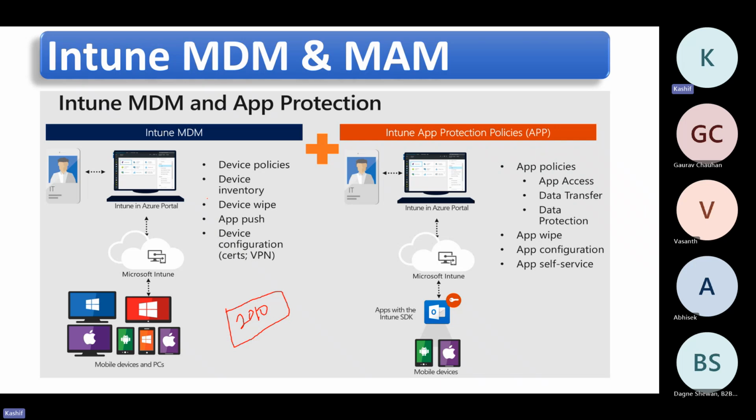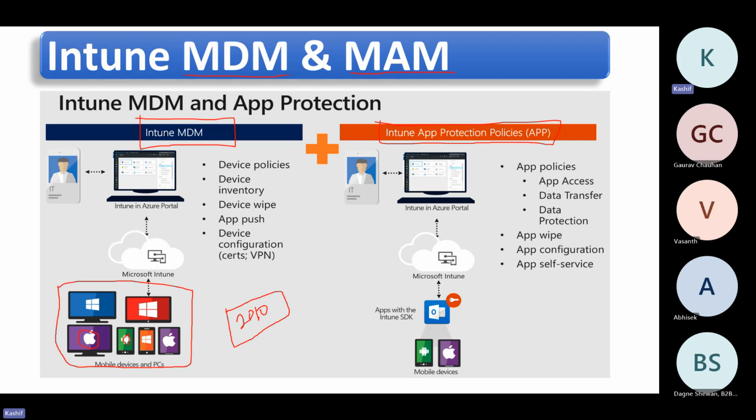The core feature of Intune is to do MDM, mobile device management, and MAM, mobile application management. So in mobile devices, it manages various operating systems like Windows 10, Windows 11 devices, then MacBook, right?